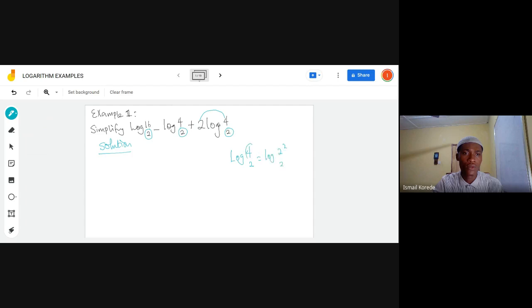So I can express this 4 as an index, 2 to the power of 2, and bring this 2 to this side, just like we have here, giving 2 log 2 base 2. Just like these two can come here, they can also travel back.